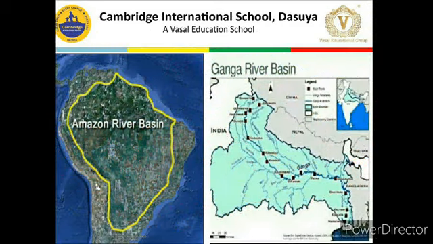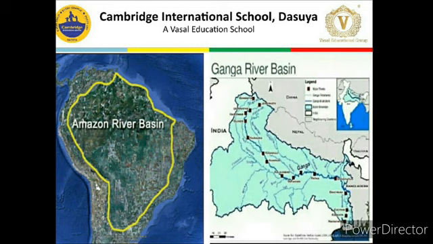Now let's talk about the world's largest drainage basin, that is the Amazon River. In other words, the Amazon River has the largest area which is drained by a river in the whole world.